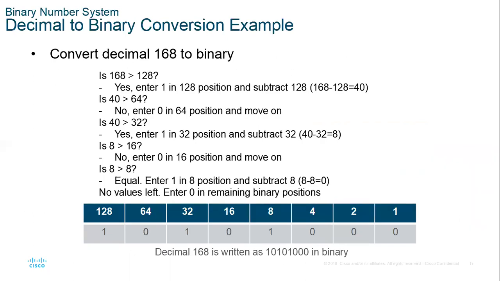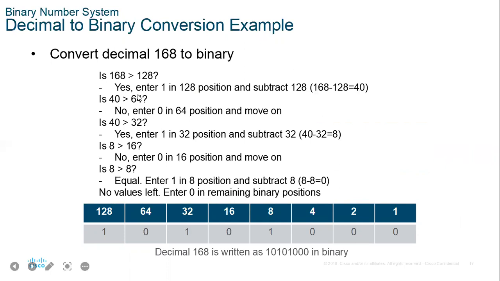So if I ask you a question, convert decimal 168 to binary, how do you do that? The question is, is 168 greater than 128? The answer is yes. You enter 1 in position 128 and subtract this, you get 40.